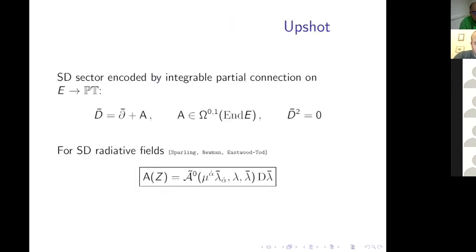The partial connection on Twistor space, this big D bar operator, that's the thing that runs the show. The non-trivial part of it is only proportional to D lambda bar. That means that any (0,1)-form on Twistor space which is proportional to D lambda bar will automatically be closed with respect to the deformed complex structure, because D lambda bar wedge D lambda bar is 0, since it's a one form.